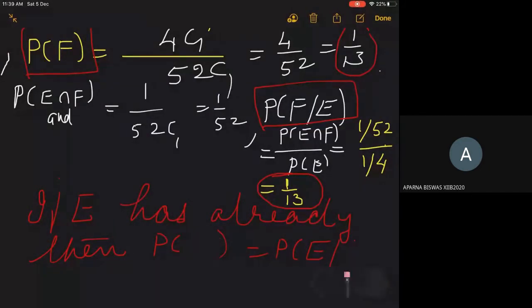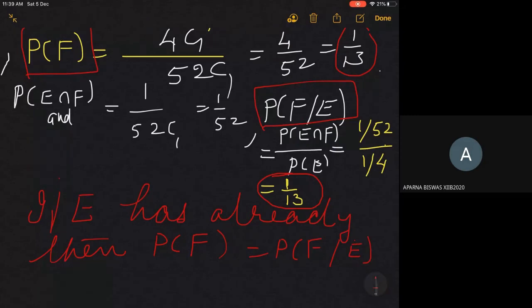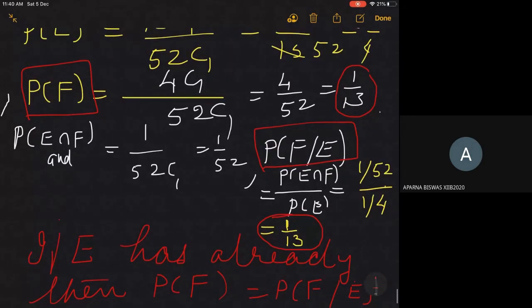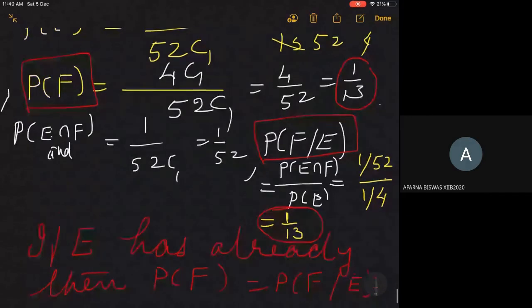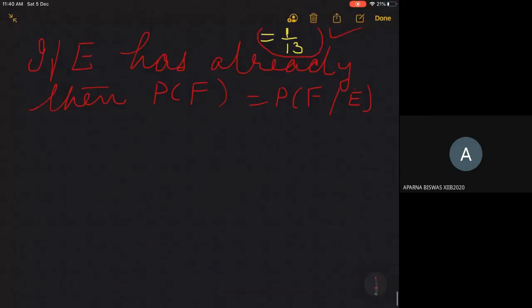If E has already happened, we write the probability of F as probability of F given E. And probability of F given E in this case is 1 by 13, and probability of F without the condition is also 1 by 13.